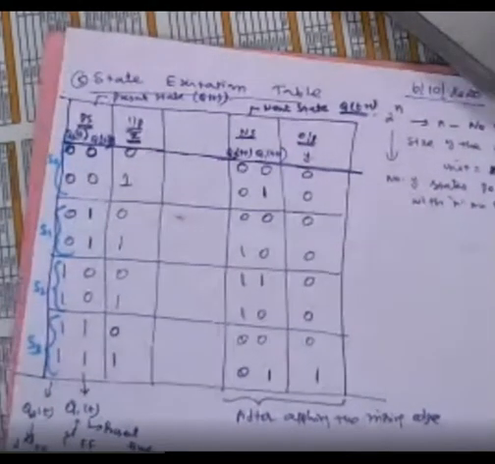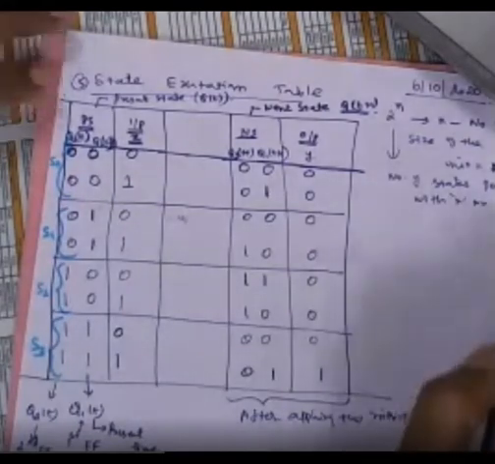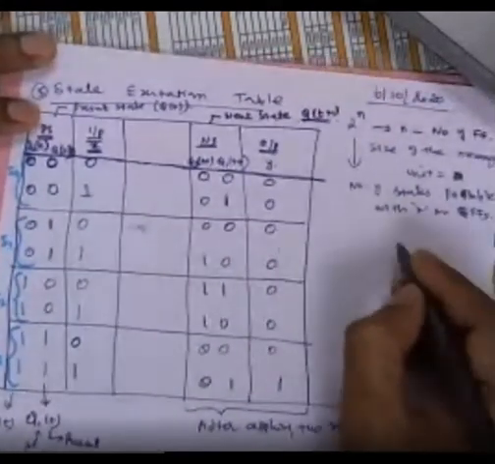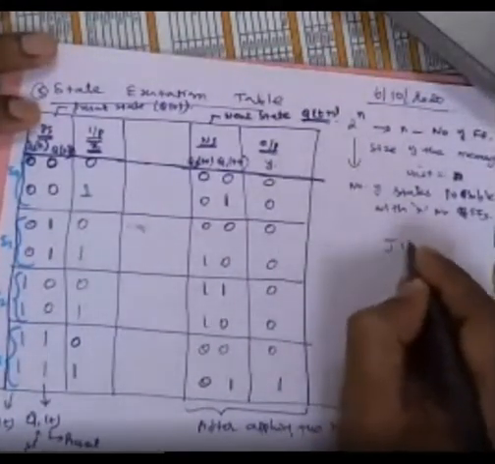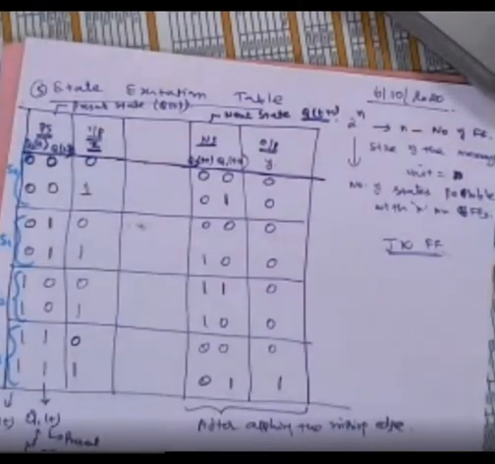Okay, fine. Now we want to realize this circuit using the JK flip-flop. If no flip-flop is specifically mentioned, then you can use the D flip-flop.